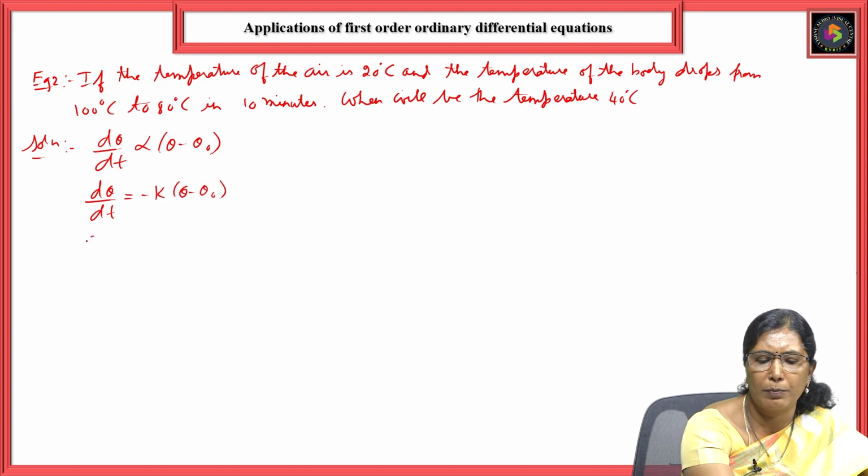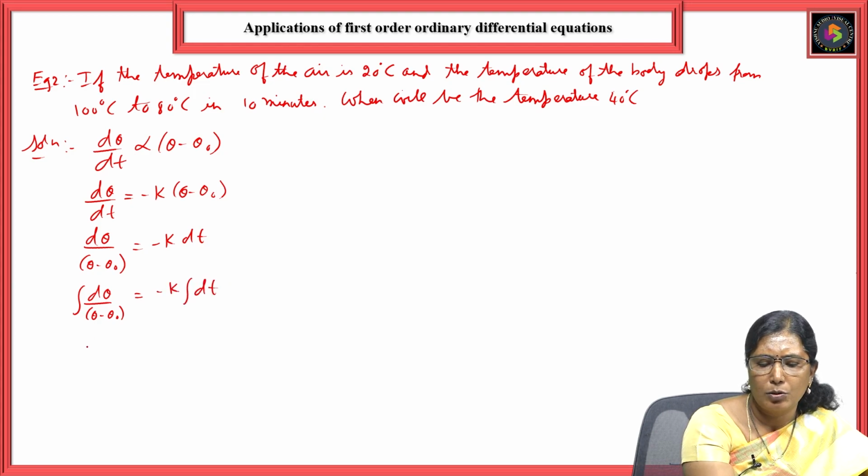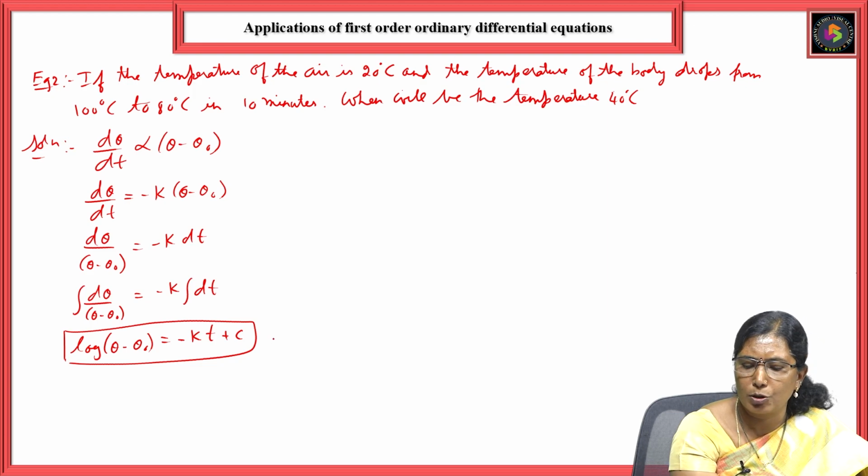Separating the variables, we get d theta by theta minus theta naught is equal to minus k dt. Integrating, we get log of theta minus theta naught is equal to minus k t plus c. This is the formula to solve Newton's law of cooling problems.